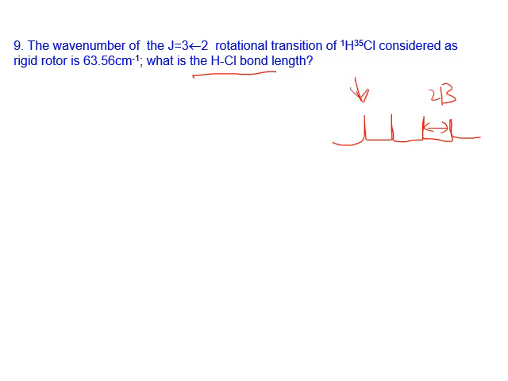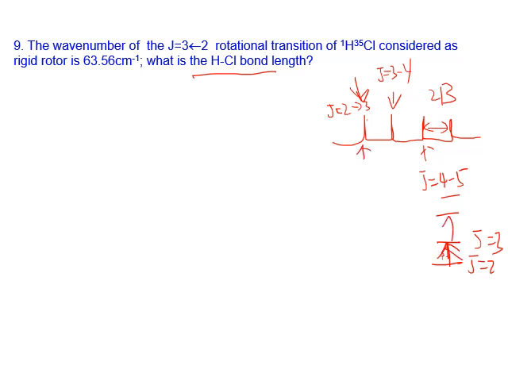For example, this is the frequency absorbed from J equals 2 to 3, this one is from J equals 3 to 4, and this is from 4 to 5. So remember, you have an energy level, and from J equals 2 to 3 you have absorption, and the frequency is here, and this absorption frequency is here.